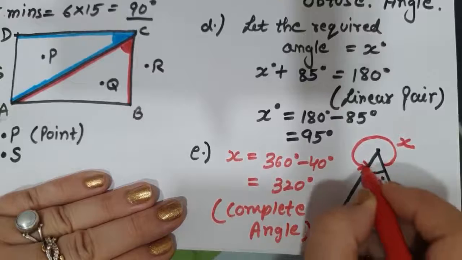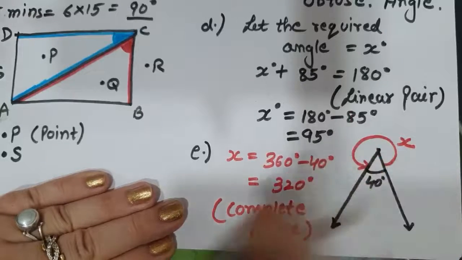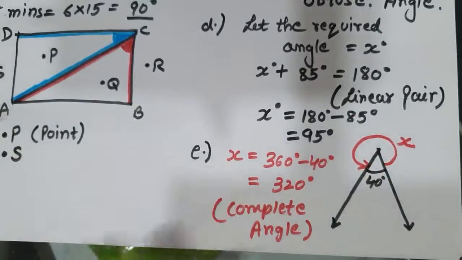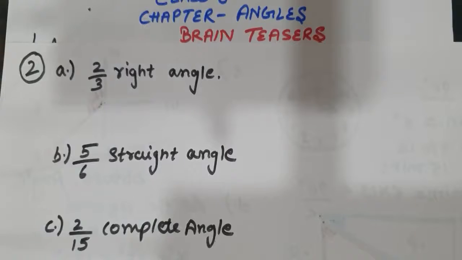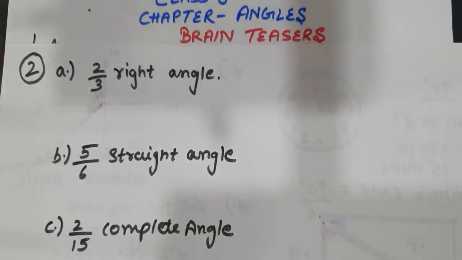Wherever the circle is complete, that is always equal to a complete angle. I hope by now all of you are clear with question number 1, A and B parts both.